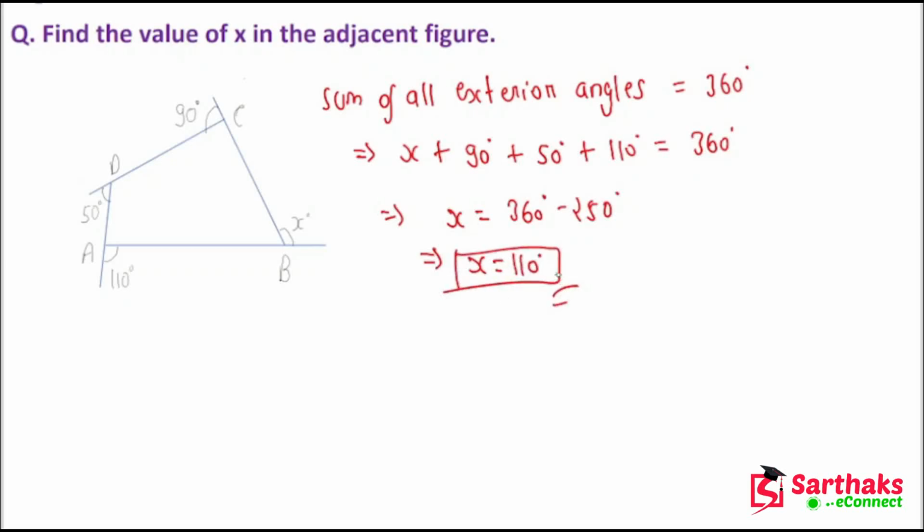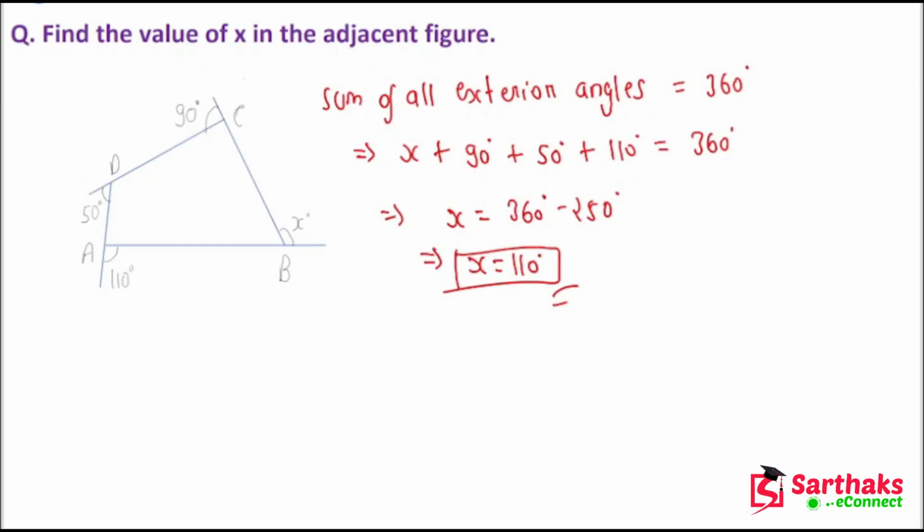So it was that easy to solve this question on the basis of exterior angle sum property, right? So what we did was we just added all the 4 exterior angles to be 360 degree, because that is what the exterior angle property simply says, right?